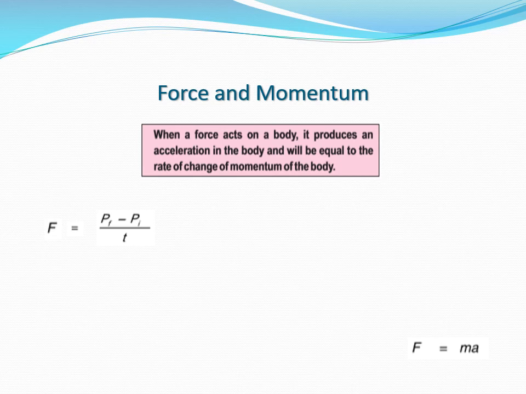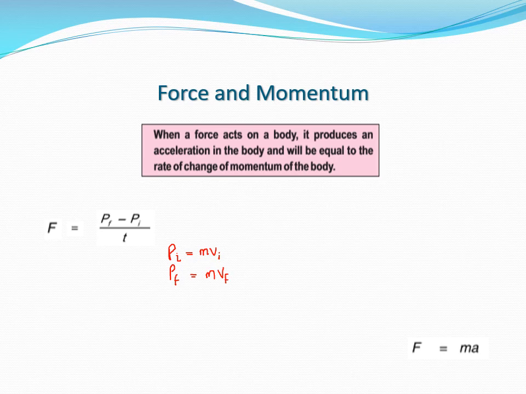If Pi is the initial momentum of the body, and you know momentum is equal to the product of mass and velocity, mvi. And after the application of force, its momentum becomes Pf, and it is going to be mvf.